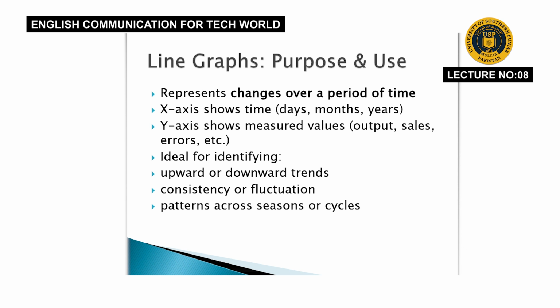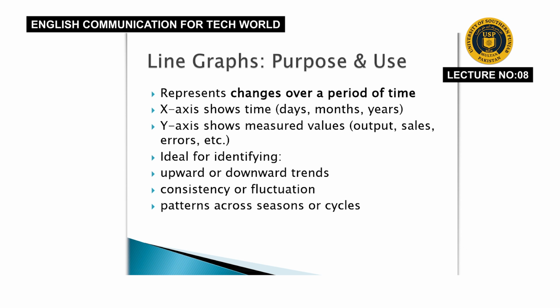Now let's move towards the first of the visual representations, which is a line graph. Line graphs are one of the most commonly used visuals in technical fields. They are used to show changes over a period of time.